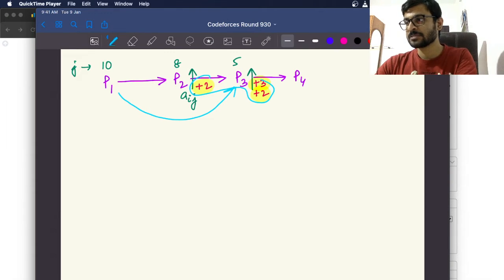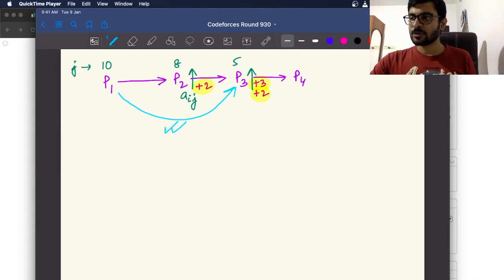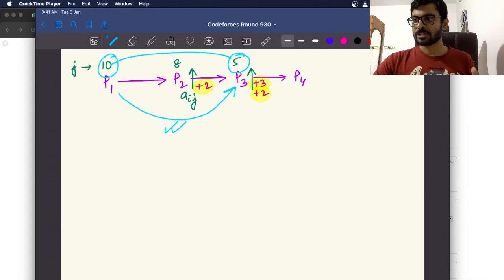But there, in only plus 5, our total task will be done. So this one will be better, not this route. In other words, if the difference from here to here is 5, the internal fluctuations will not matter. Because if the internal fluctuations make things worse, you can always skip them.